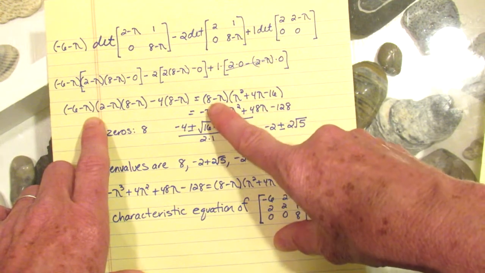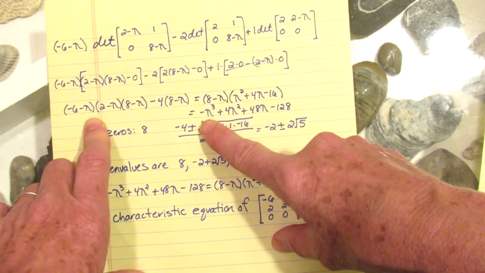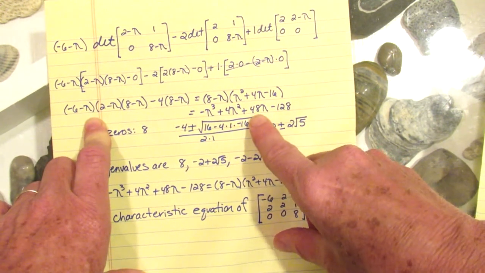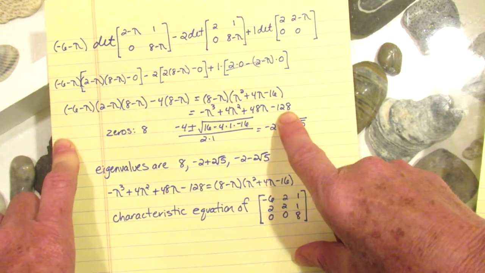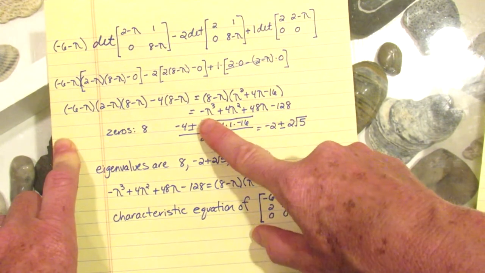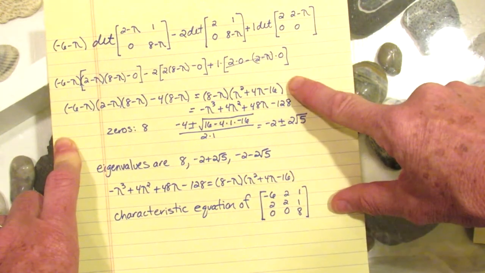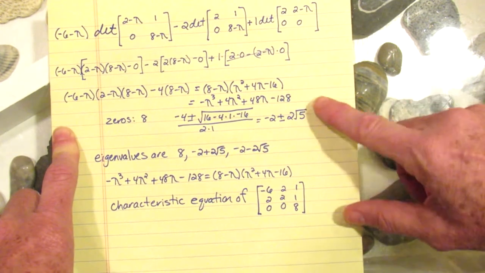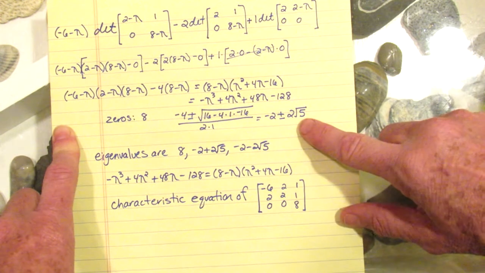If you then multiply the 8 minus lambda through here, you get negative lambda cubed plus 4 times lambda squared plus 48 times lambda minus 128. So you can represent the equation in this polynomial form, or if you want, in its factored form. We're actually interested in the zeros because the zeros, or the solutions of the equation, are our eigenvalues.